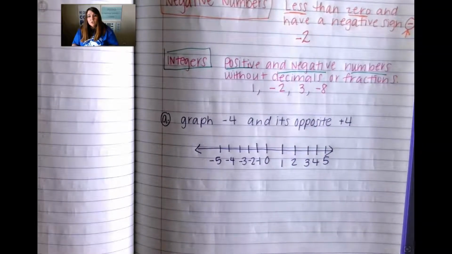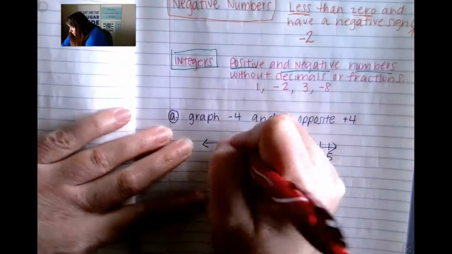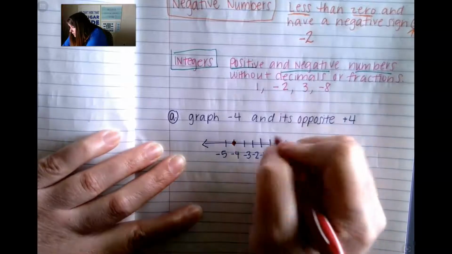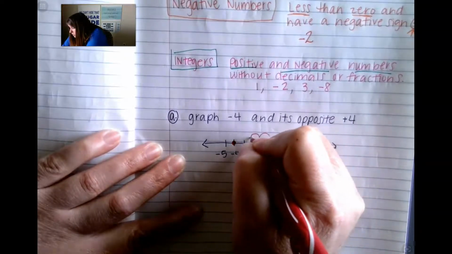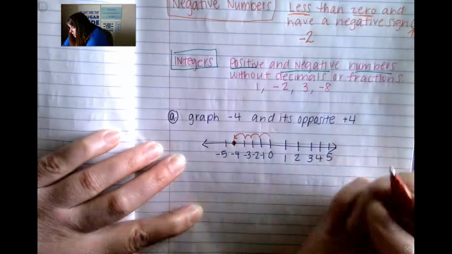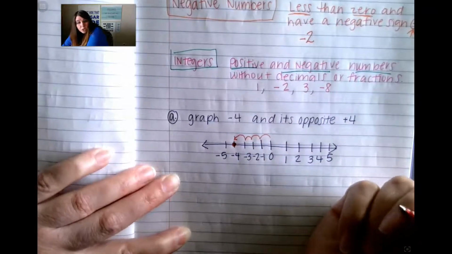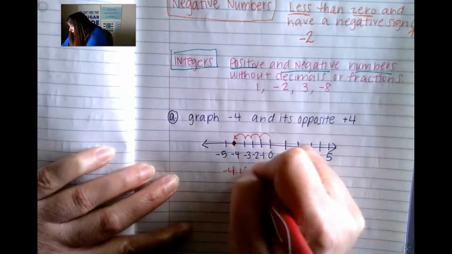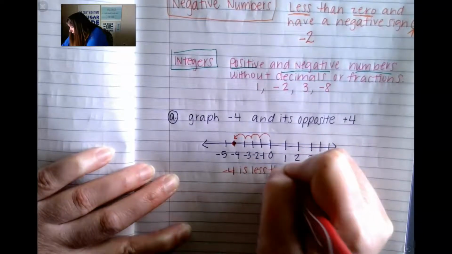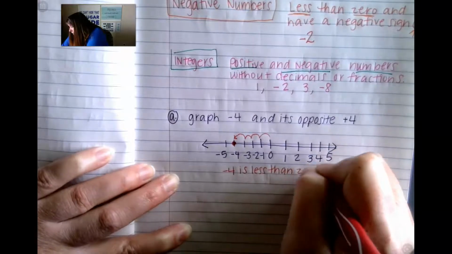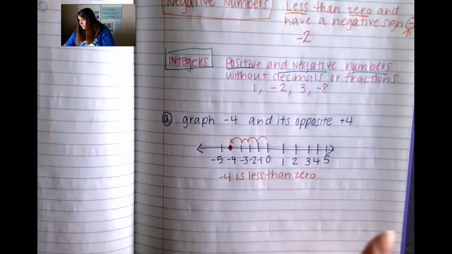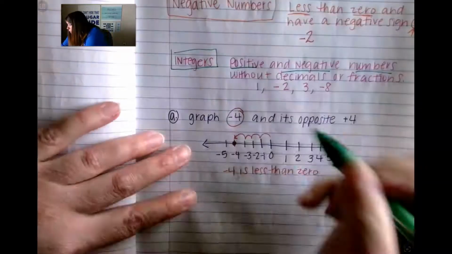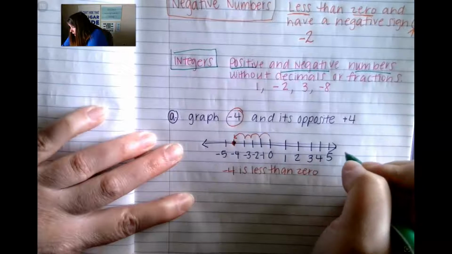So if we want to graph negative 4, we would put a dot on negative 4 because it's 1, 2, 3, 4 spots from 0, 4 jumps, right? So negative 4 is less than 0. If we wanted to graph positive 4, positive 4 is actually in the opposite direction.